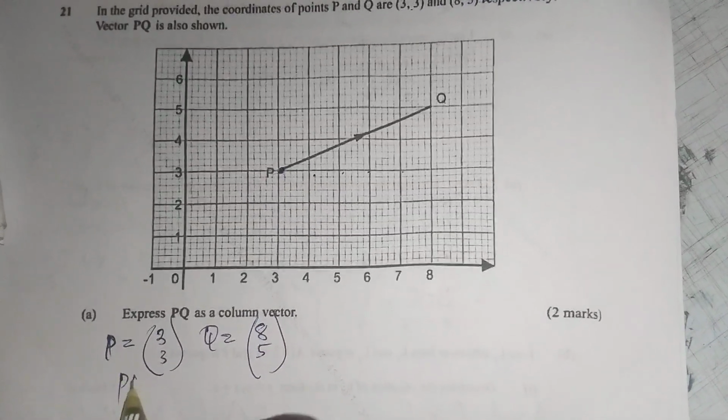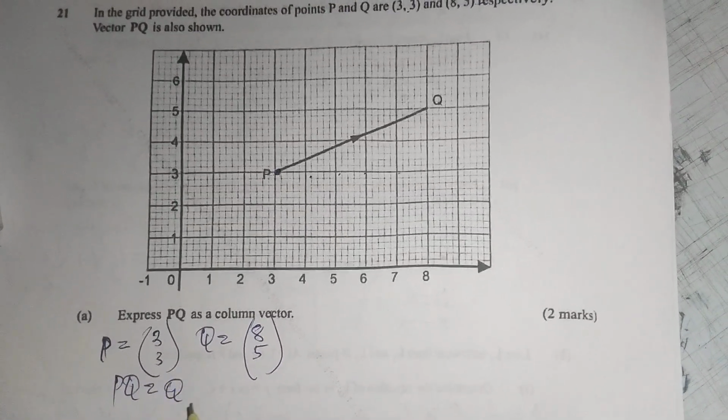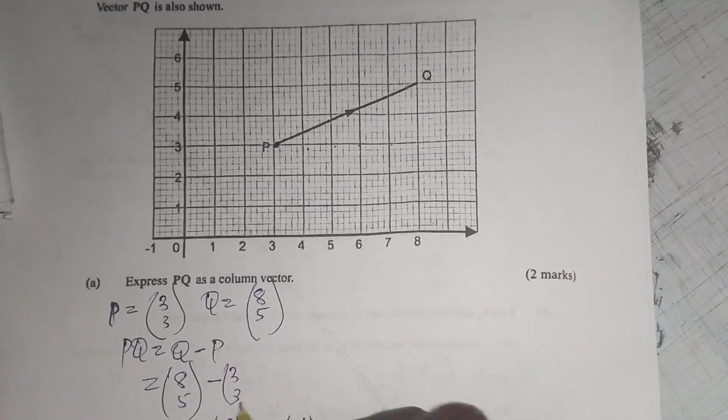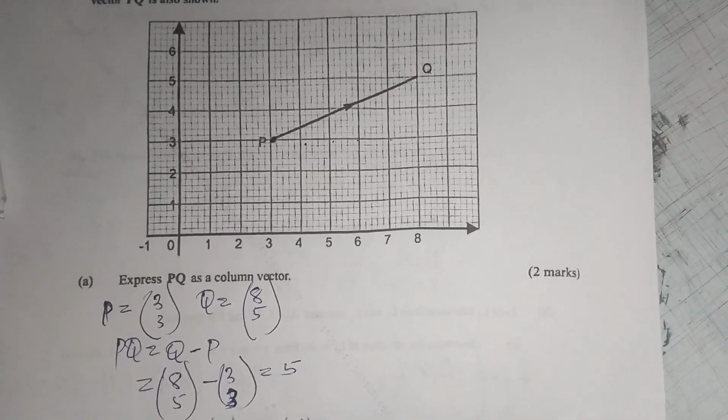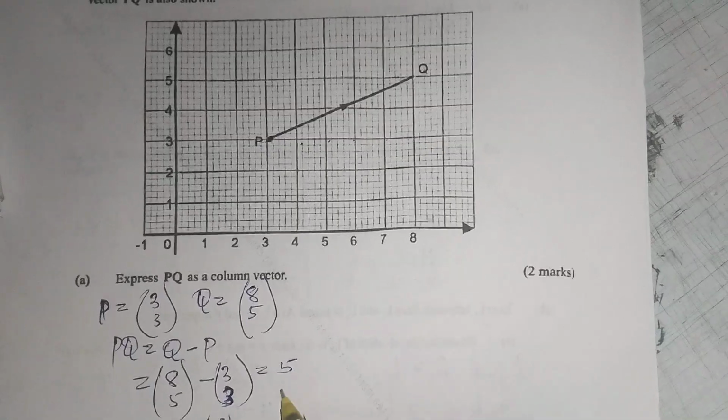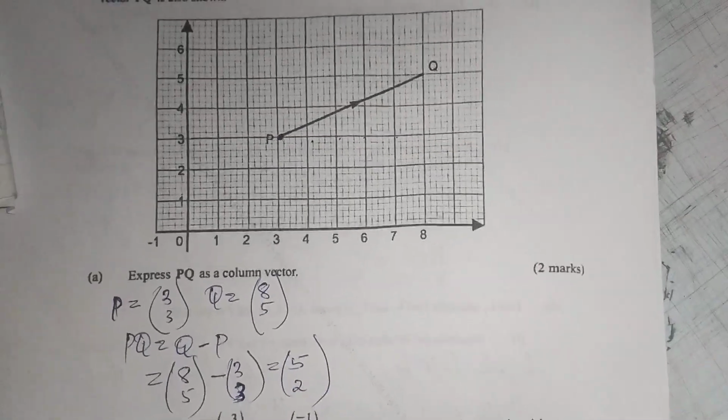If you want vector PQ, this is Q minus P. So you have (8, 5) minus (3, 3), and you are going to get (5, 2) in terms of column vector.